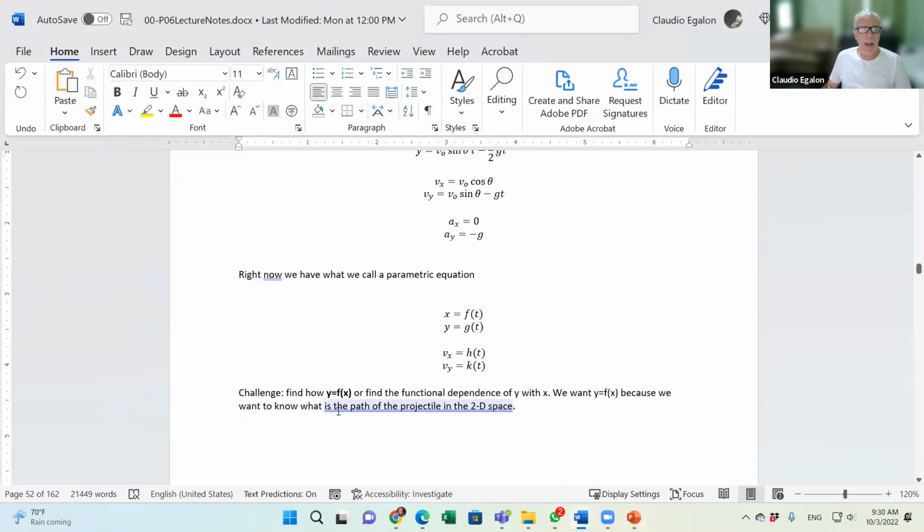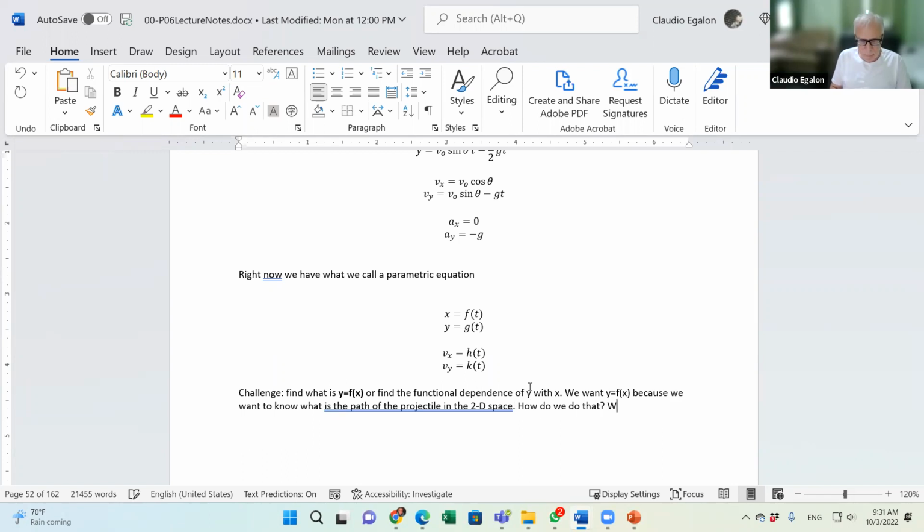Challenge: find y as a function of x. In other words, find the functional dependence of y with x. We want to find this relation because we want to know the path of the projectile in 2D space. How do we do that?